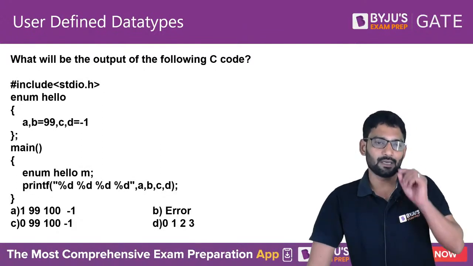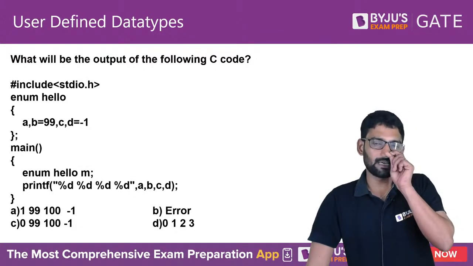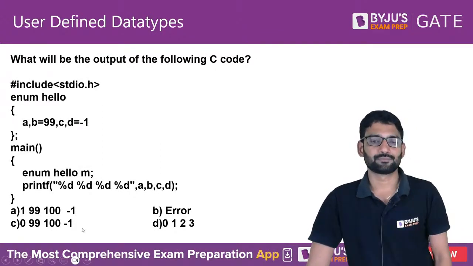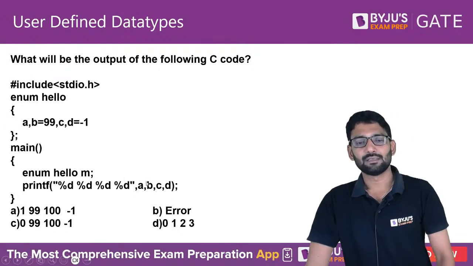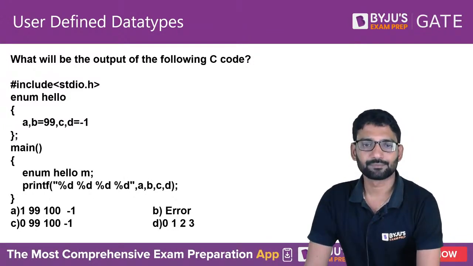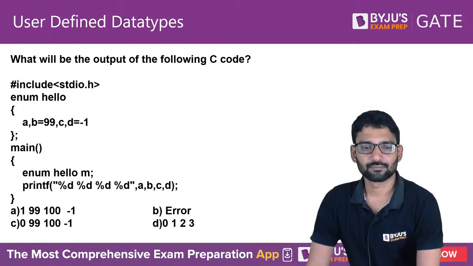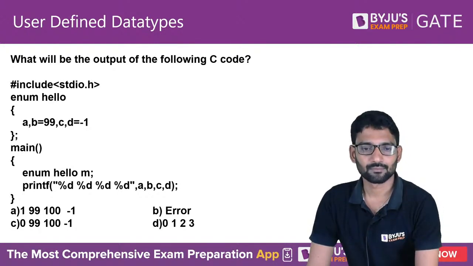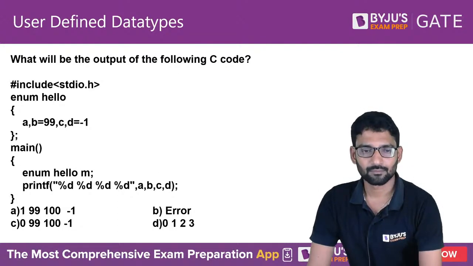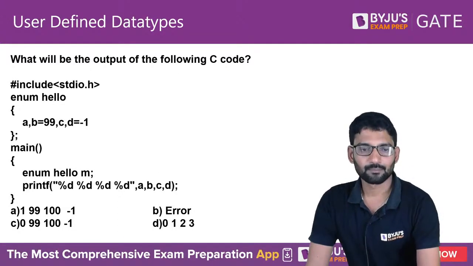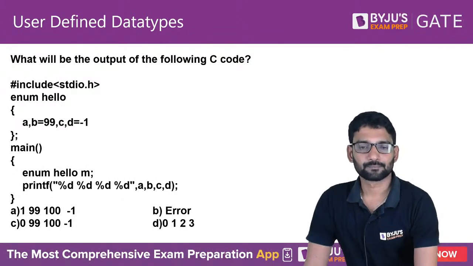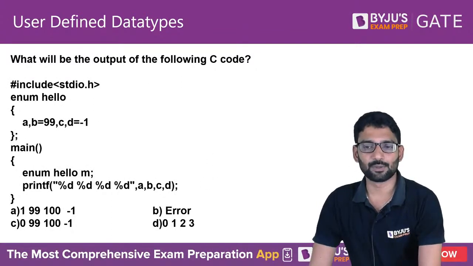I have enum E with A, B, C, D, and I am printing those A, B, C, D. What would be the value, guys?